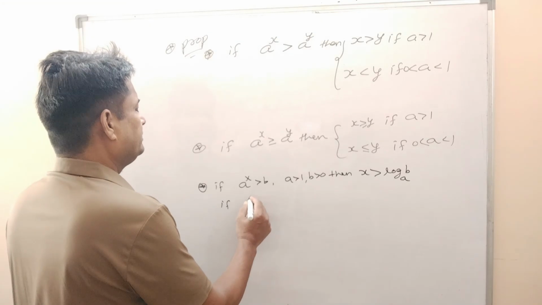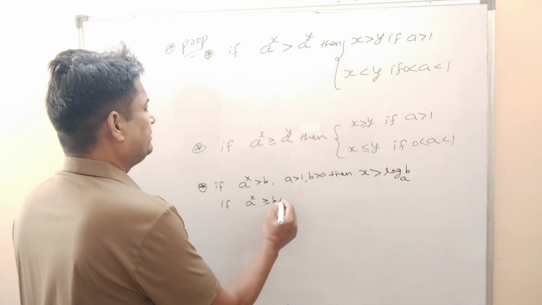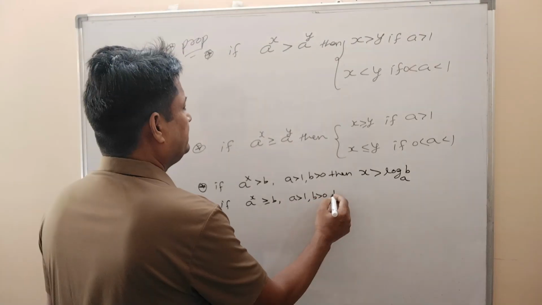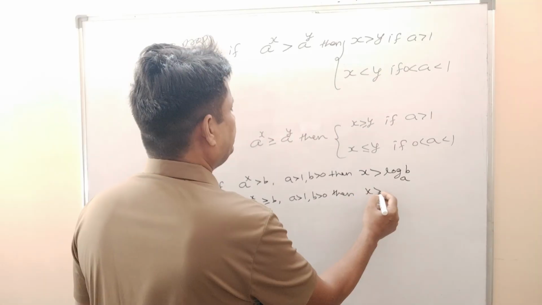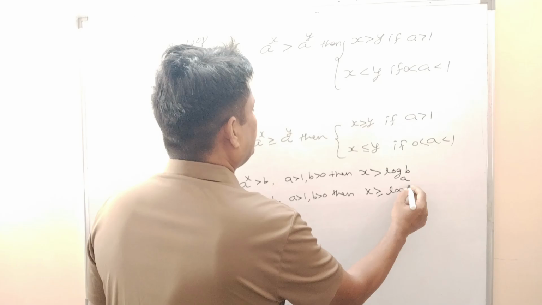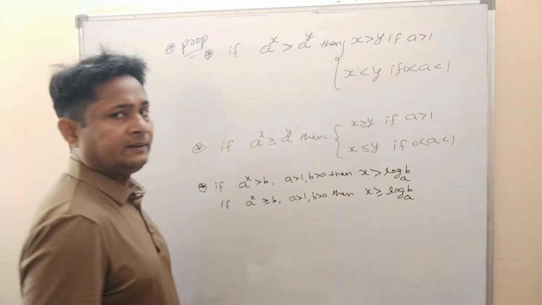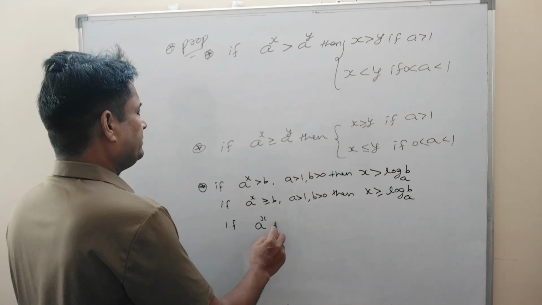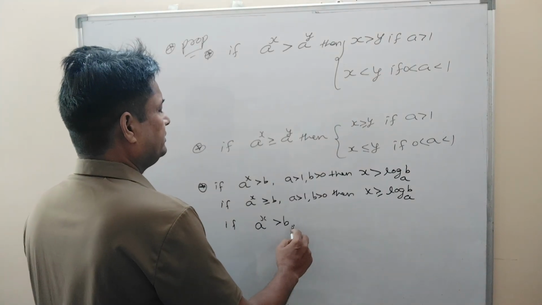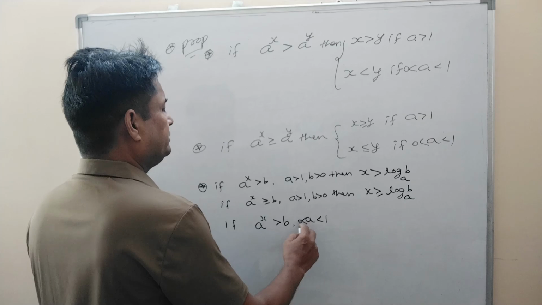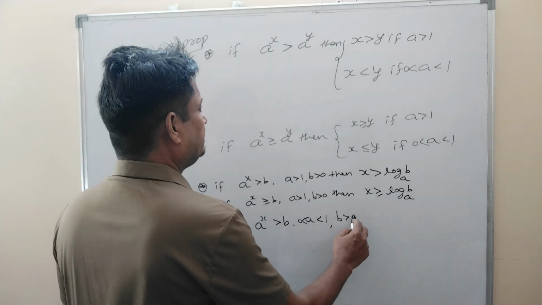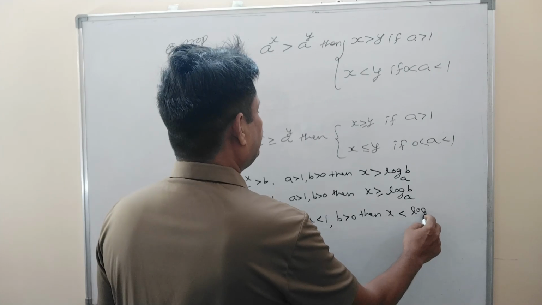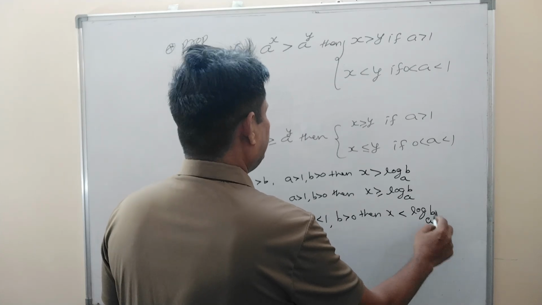If a to the power x is greater than or equal to b, a is greater than 1, b is greater than 0, then x will be greater than or equal to log of b base a. Now if a to the power x is greater than b, a lies between 0 and 1 and b is greater than 0, then x is less than log of b base a.